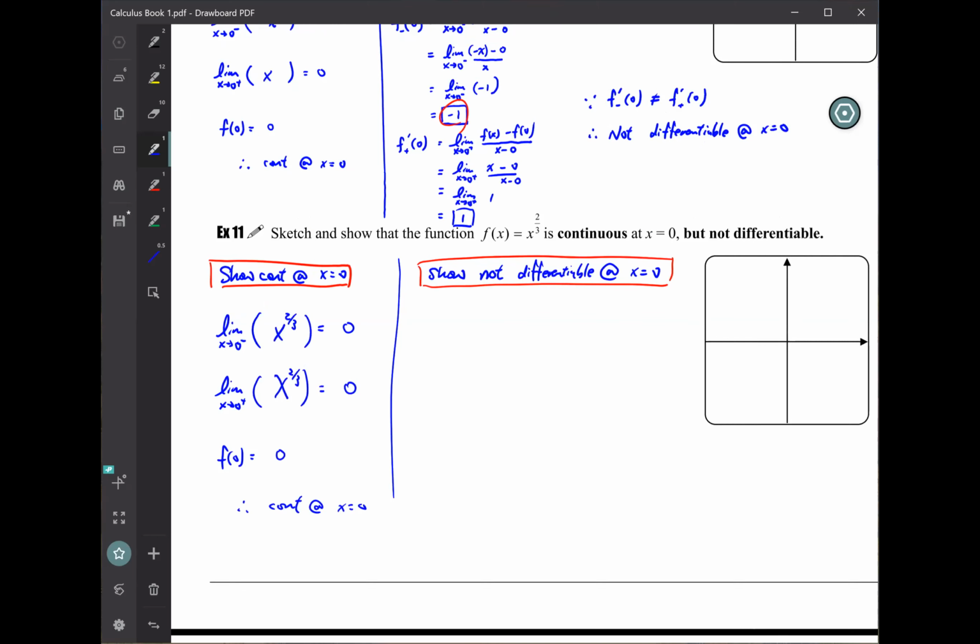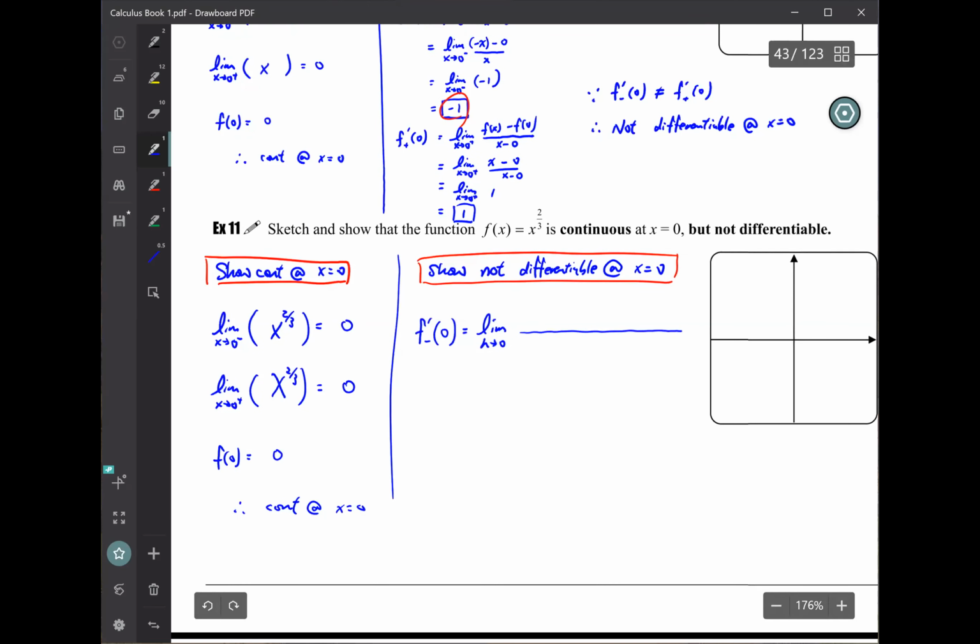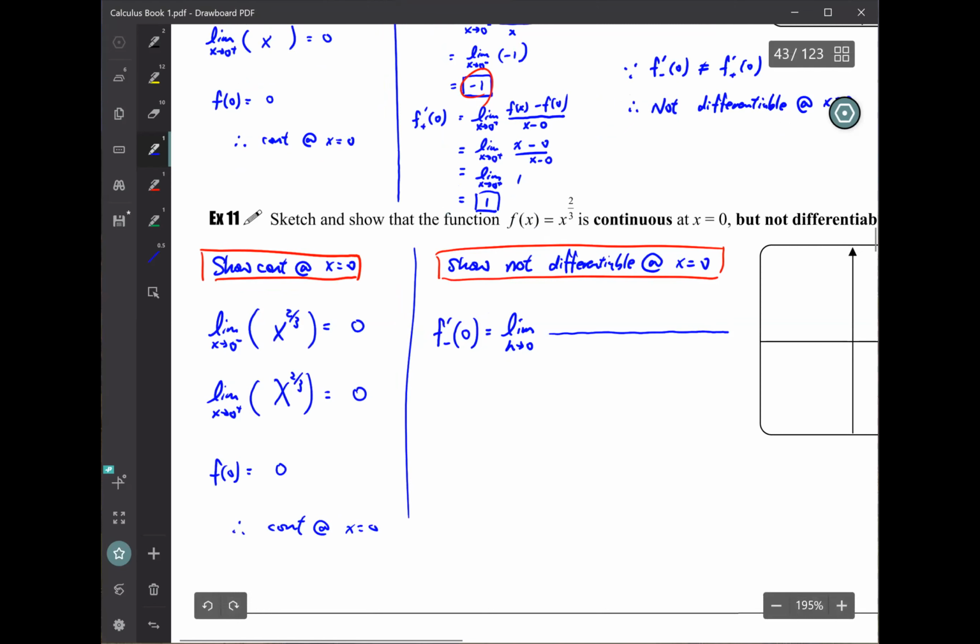I want to use the second definition, from the left side at 0. The second definition is the one that has the h. If you haven't memorized this, please make sure you find time to memorize it. So can anybody tell me what to put inside the numerator? Carrie, can you tell me what to write in the numerator?